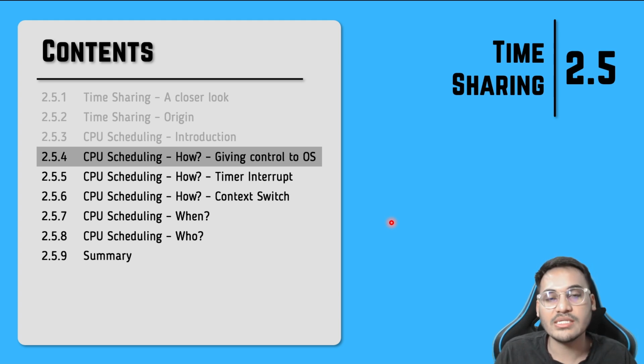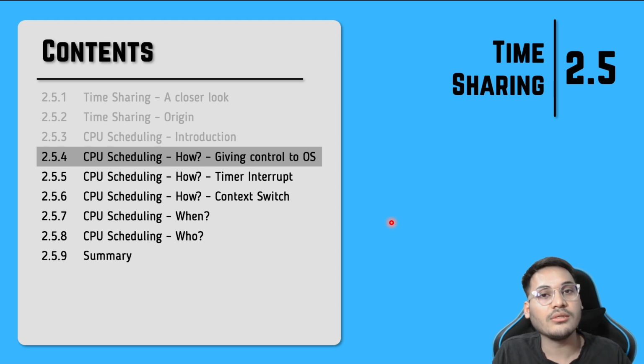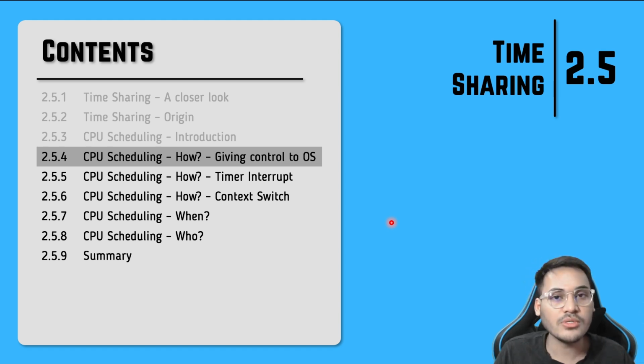In short, there is a limited number of CPUs in the computer system, and the number of processes that have to be run on these CPUs is way more than the number of CPUs. So we have to share the CPU between all of the processes. The way we do that is that we frequently switch the control of the CPUs between the processes. And this is called time sharing. We are sharing the CPU time, right? So this was about time sharing.